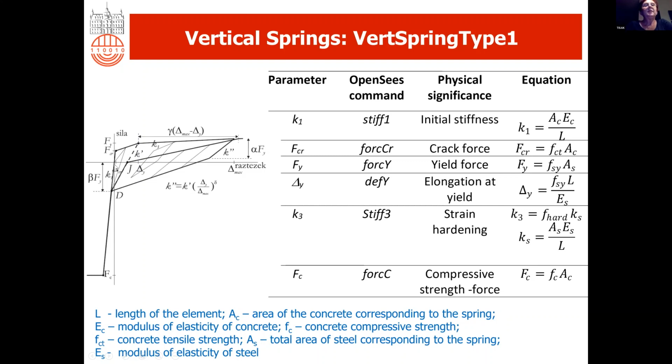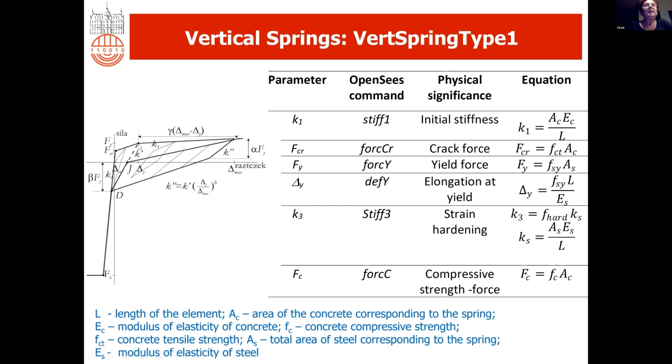Then the yielding force; here we define the behavior in tension. So then we have the yielding force, which depends on the amount of steel multiplied by the yielding stress of the steel.